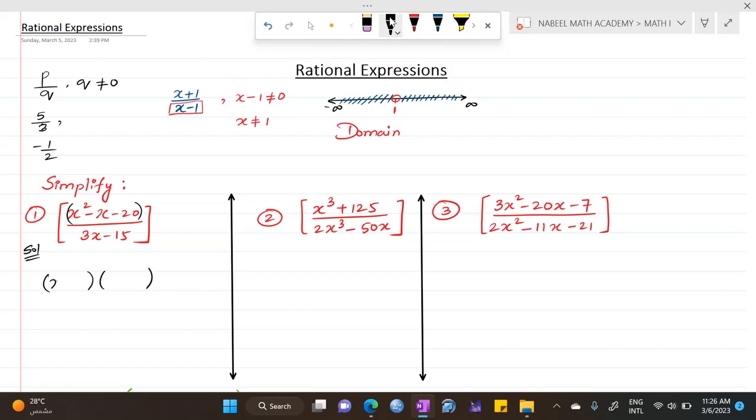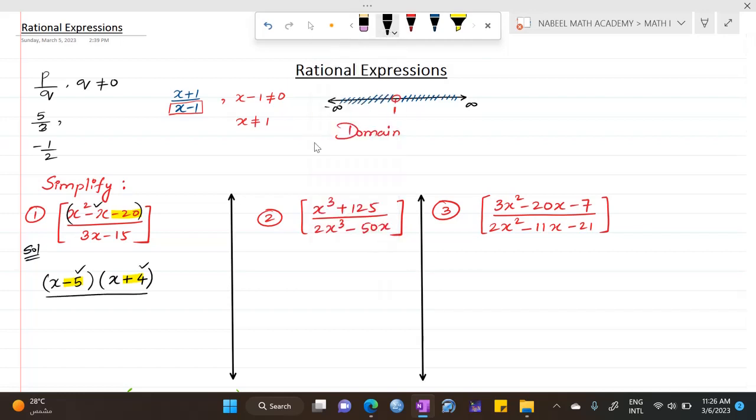It is x minus 5 and x plus 4. If you multiply these two numbers, you will get minus 20. And if you add these two numbers, you will get minus 1. Therefore, it is factorized.